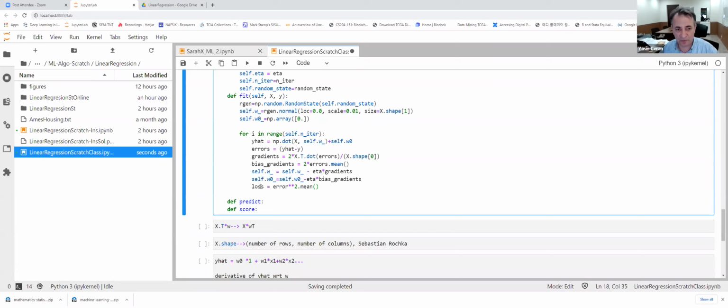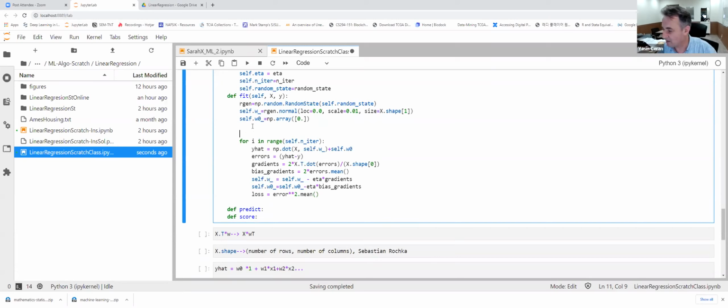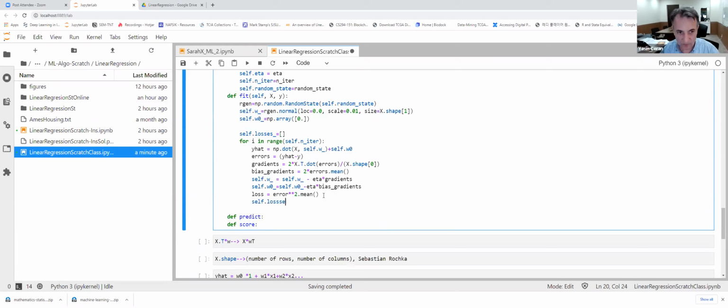If you want to keep track of how your loss is decreasing as you update your W, let's create an empty list to keep track of my loss. Let me call it self.losses. This is an empty list, and I'm appending this loss.